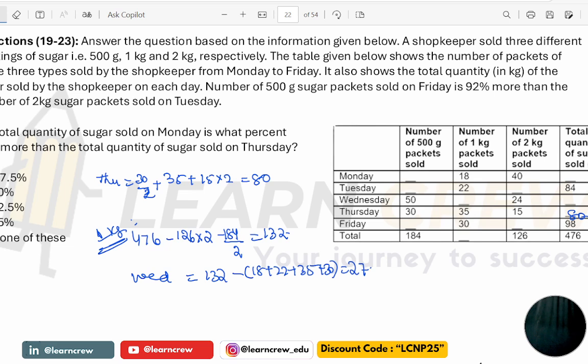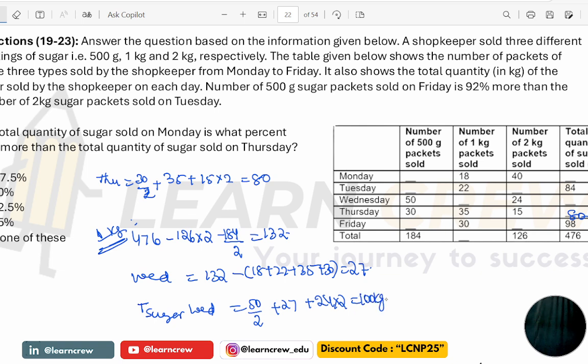Thereby, the total quantity of sugar sold. The total quantity of sugar sold on Wednesday is how much? 50 by 2 plus 27 plus 24 into 2, which is 100 kilo.